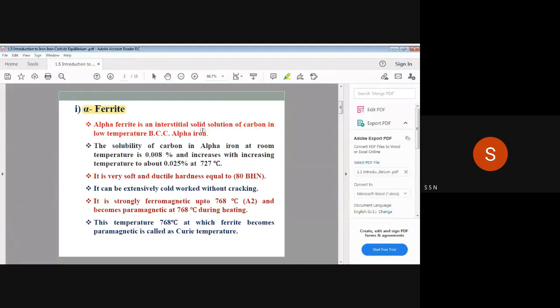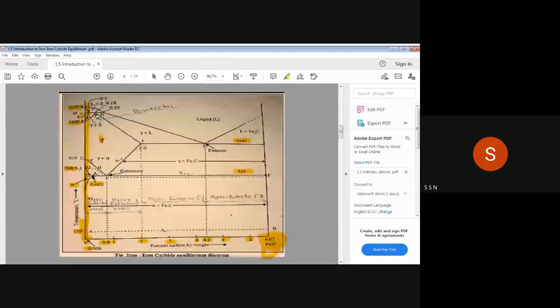So alpha ferrite is an interstitial solid solution of carbon in iron at low temperature, having the BCC alpha iron structure. BCC structure it is having, that means body centered cubic structure. I have already told in the first sentence that on this vertical axis 3 phases of iron are there: alpha, gamma and delta. Those 3 phases are having different microstructure, that means different structure.